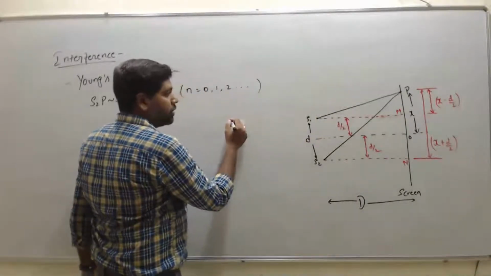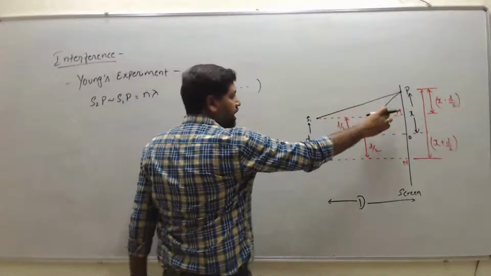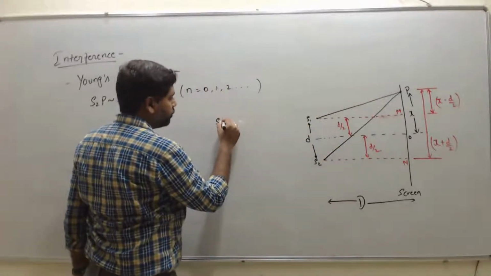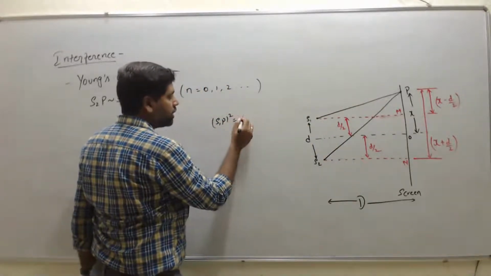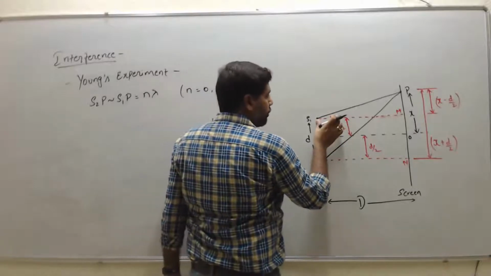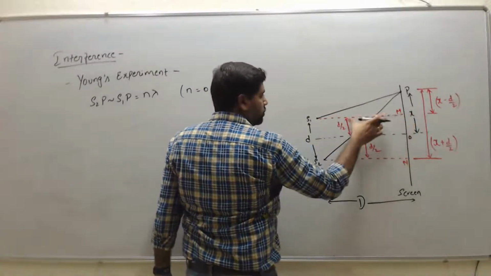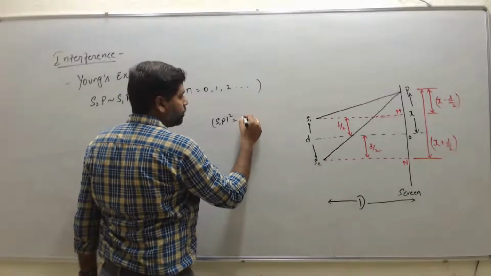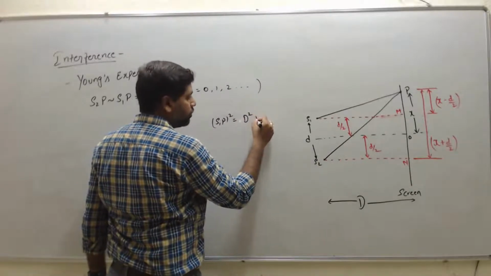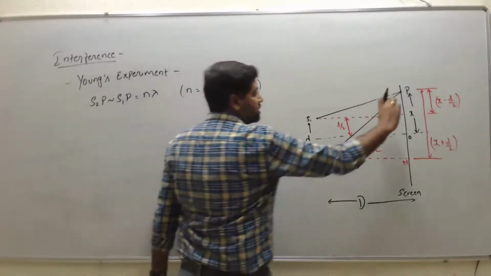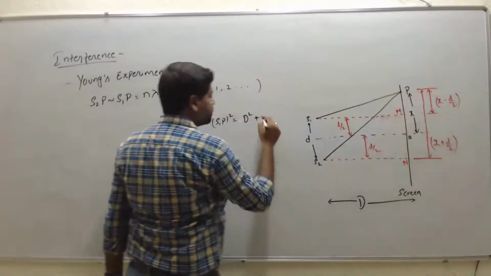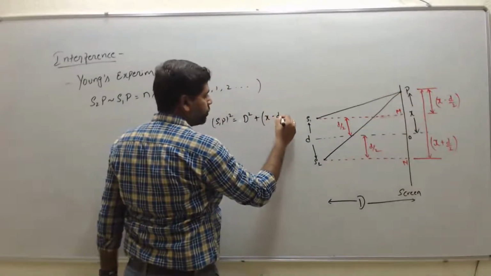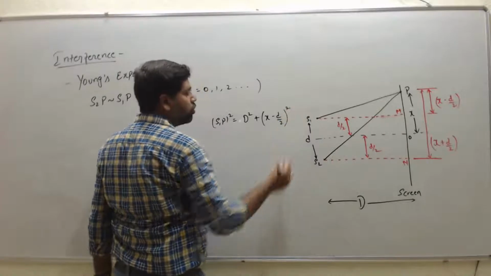So from the Pythagoras theorem, this becomes a right angle triangle, then S1P whole square equals, from S1 to M, the distance d square plus the distance PM, which is x minus d by 2 whole square.